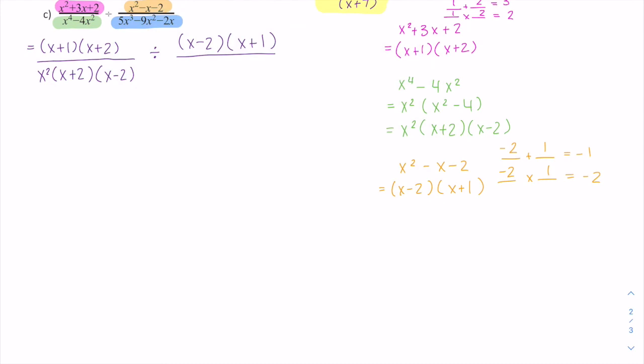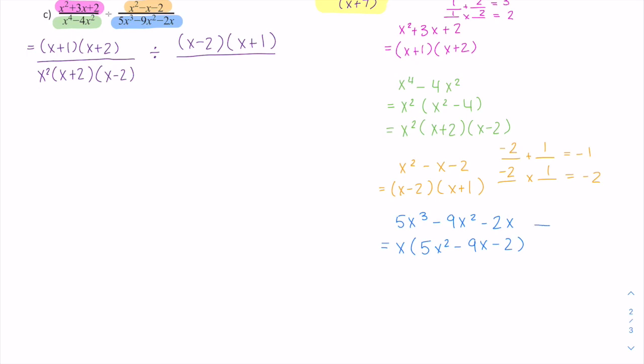So we have 5x cubed minus 9x squared minus 2x. So the first thing we always do is we see if there's anything that we can common factor out. So common factor it out. 5x squared minus 9x minus 2. Now we're going to use decomposition to finish factoring.